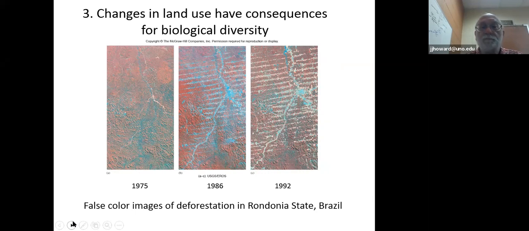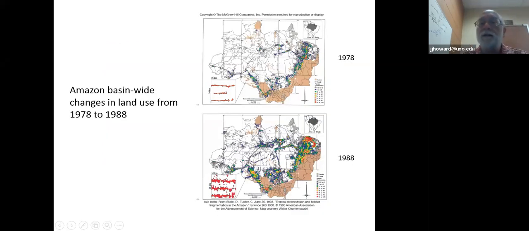And here's a summary of how those land use changes have affected the Amazon rainforest in general. So in 1978, you see that there's some development here. This brown is not strictly speaking rainforest. This brown is caatinga, which is a dry forest.